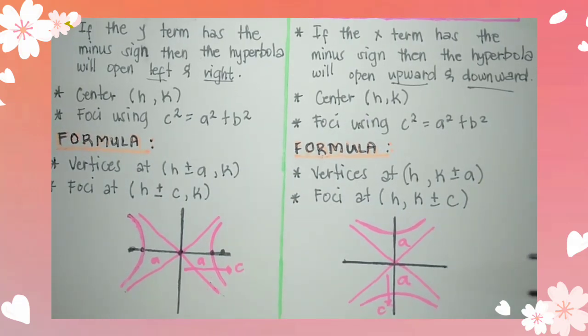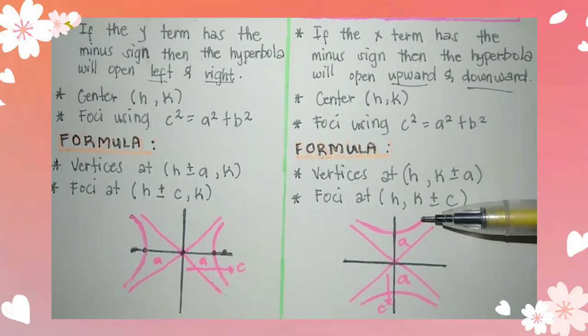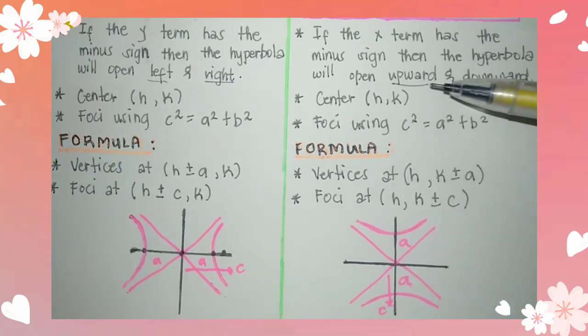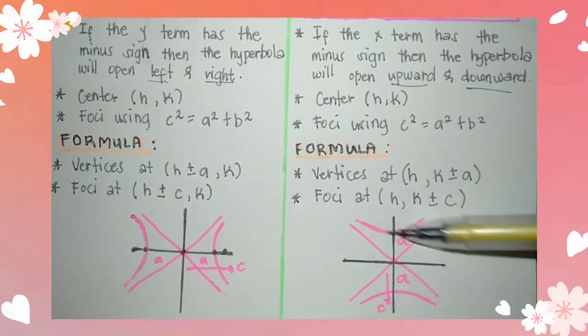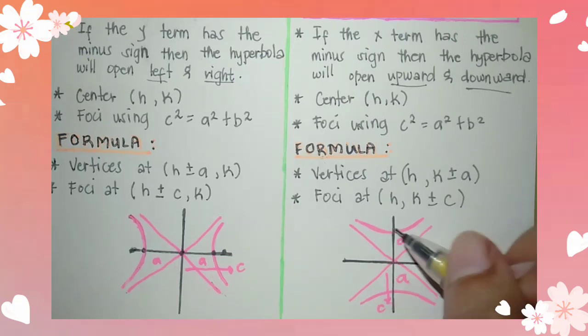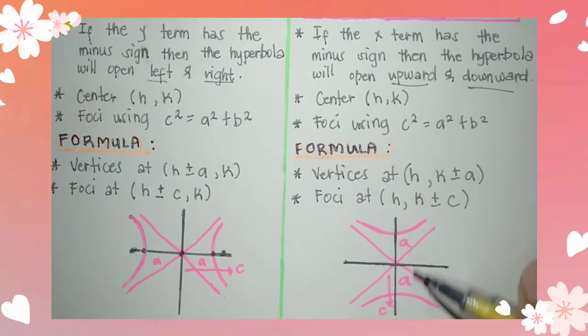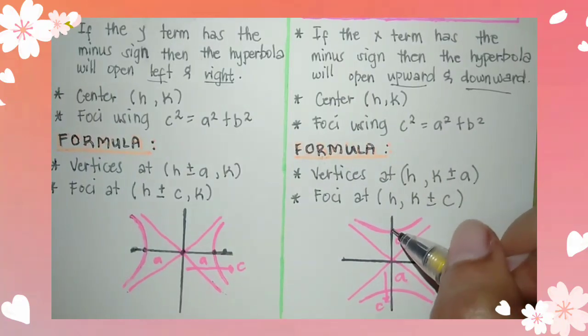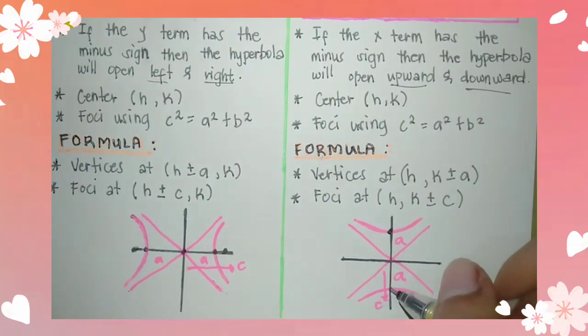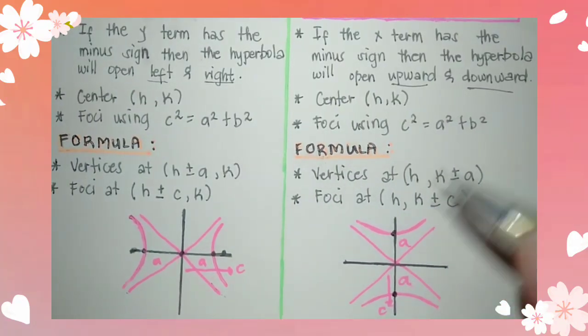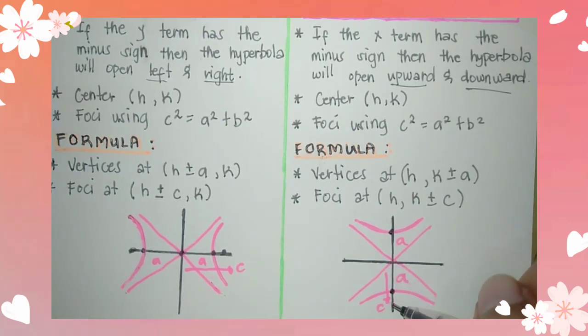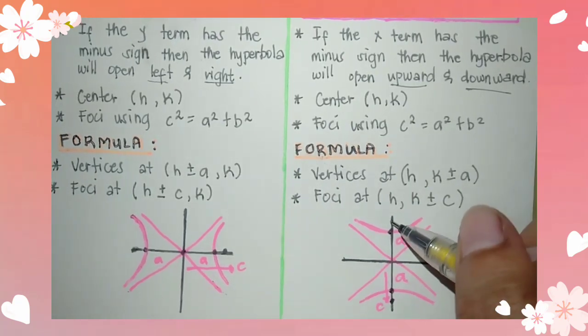And take a look at this another figure. This is an example of upward and downward hyperbola. So, si a, dito natin malalaman yung measurement ni vertices natin. We have 2 vertices. And c naman yung ating focus. Dito yung focus natin. Tama?